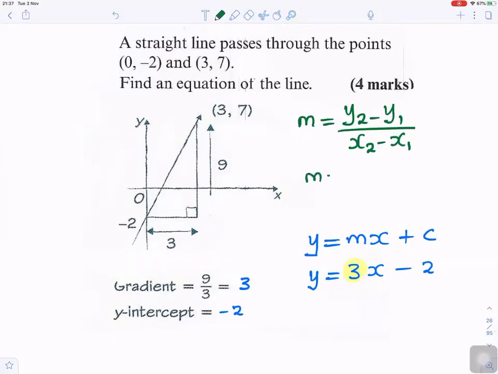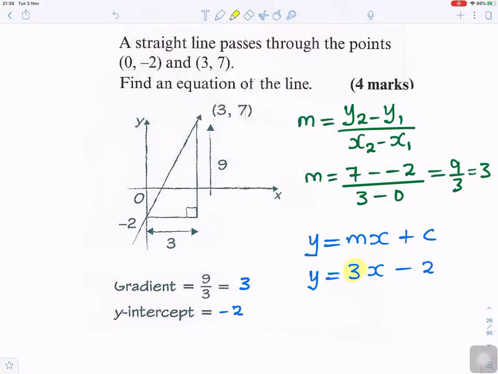You can use it as 7 minus -2, change in y, divided by 3 minus 0. 7 minus -2, the minus and the minus becomes a positive. So it becomes 9/3, which gives you 3. So you can get the gradient of 3 without actually drawing the graph, just by using that formula. So you need to learn that formula. Gradient is change in y over change in x.